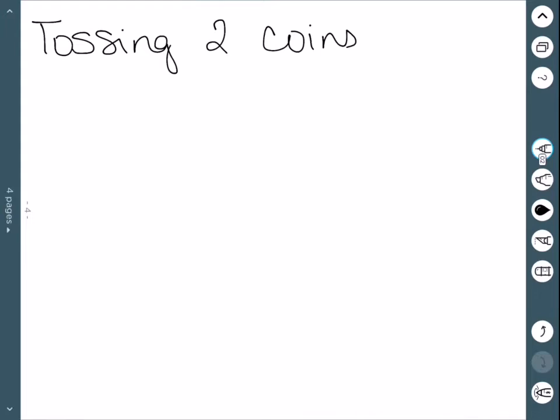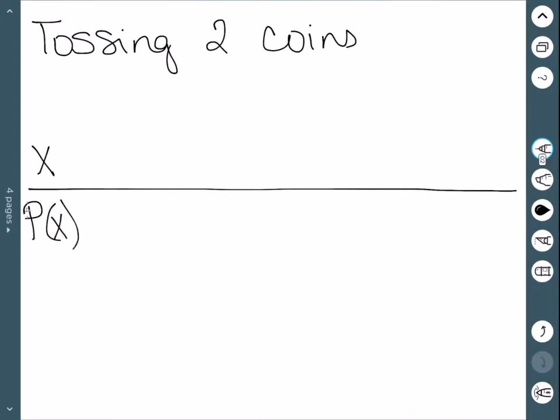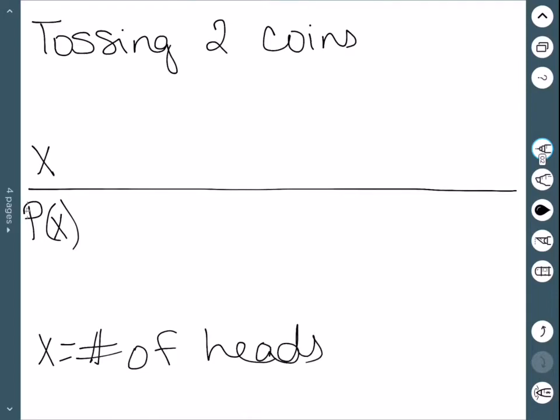Next, we'll consider the case of tossing two coins. We do need our random variables to be discrete values for this, so we can't just look at heads and tails, but we can let x be equal to an actual discrete value, like the number of heads that we flip. We could have also done the number of tails, but in this case we'll look at heads.